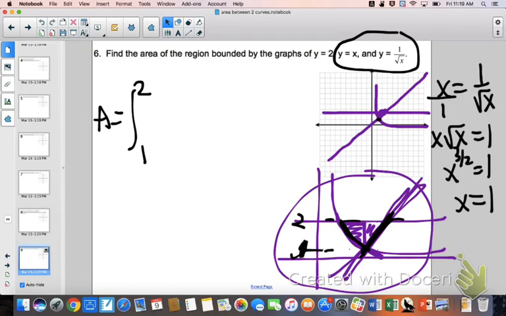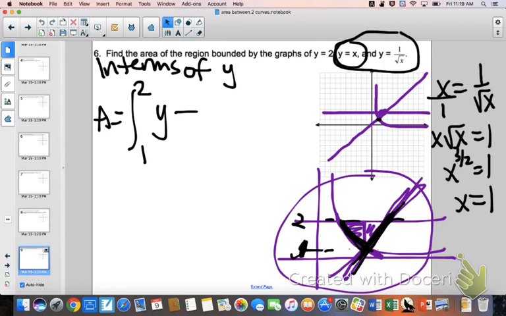The top function is this, which is y equals x. So this is all in terms of y. So I have x on the top. I'm sorry, y equals x is on the top, so that's going to be y on the top, minus this one right here.